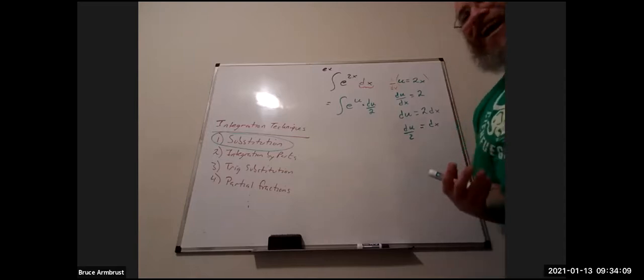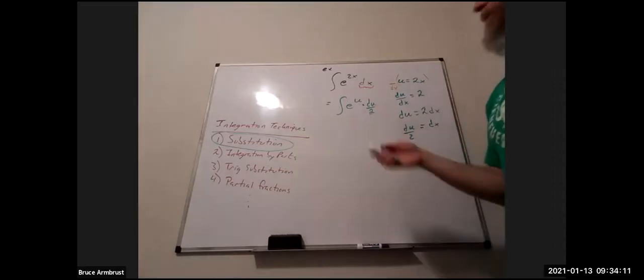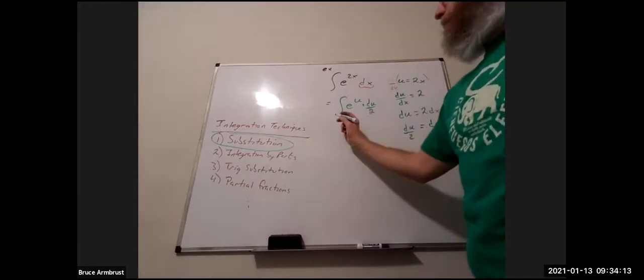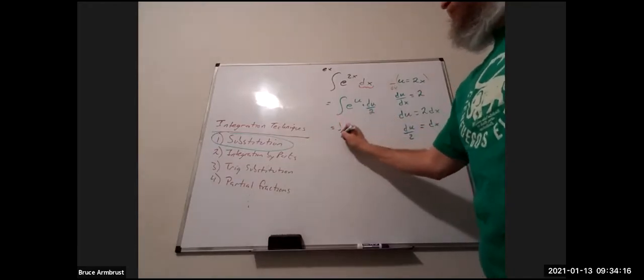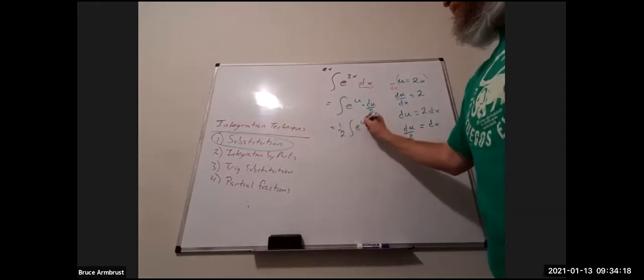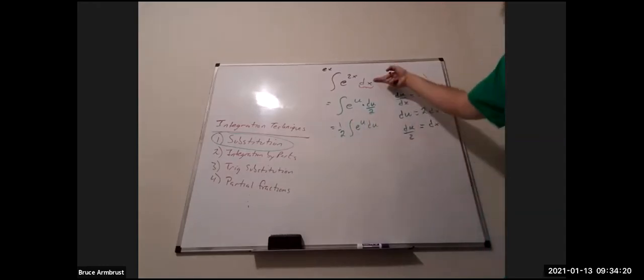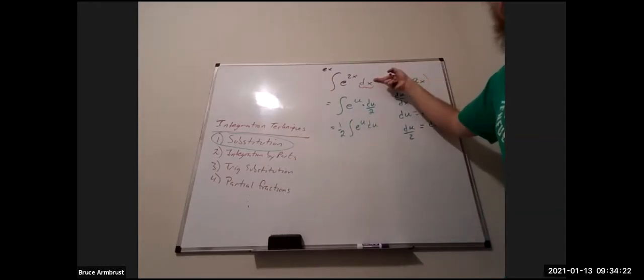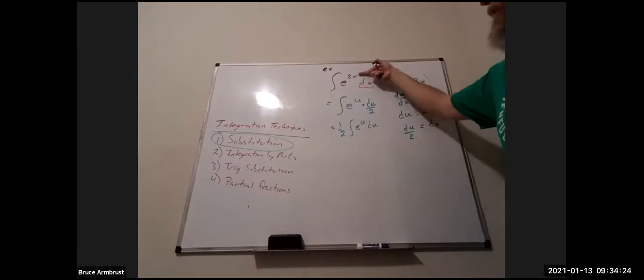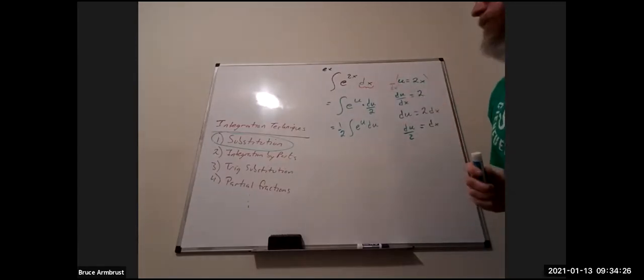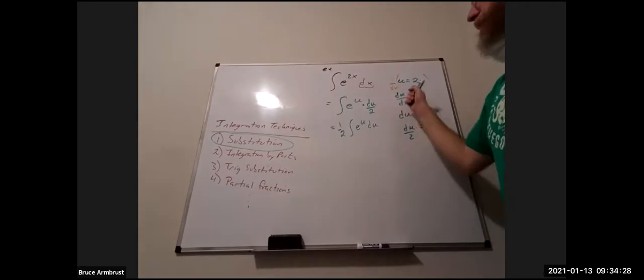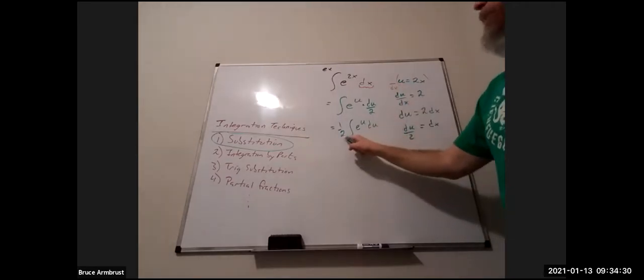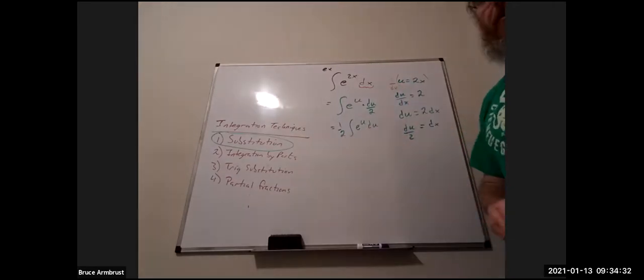Okay, so we just did a lot of work here, but I want you to see where we ended up. And I intentionally changed the colors here. When it was originally in purple, I wasn't sure what to do. I don't know how to integrate e to the 2x. By using the substitution, I now have 1/2 e to the u du.